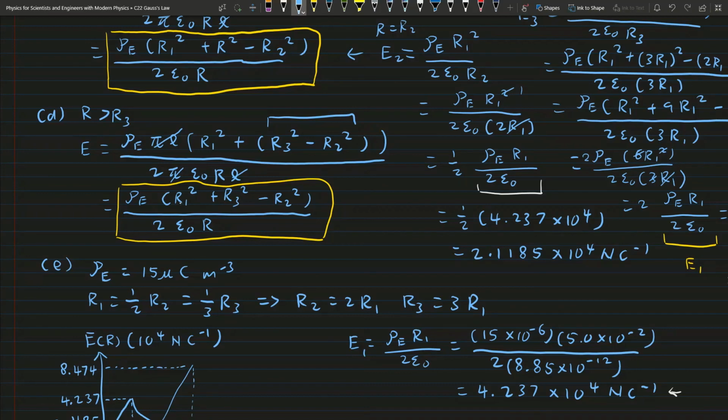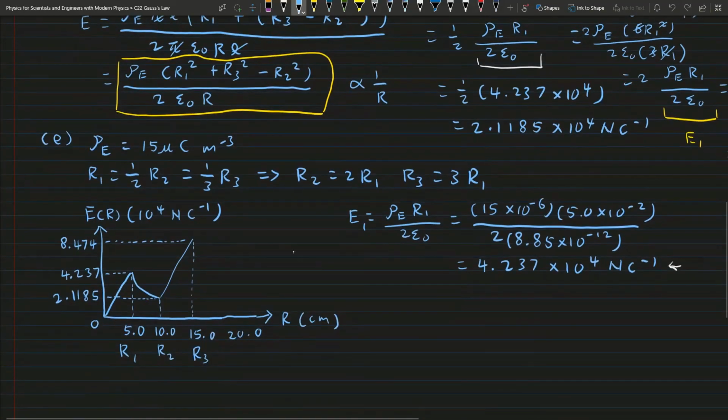You can see in this case we get 1 over R. That means the electric field starting from r greater than r3 is proportional to 1 over r. So we get back, because you can see the rest is just a constant, right? So we get back the curve like this. So this is the answer for this question.